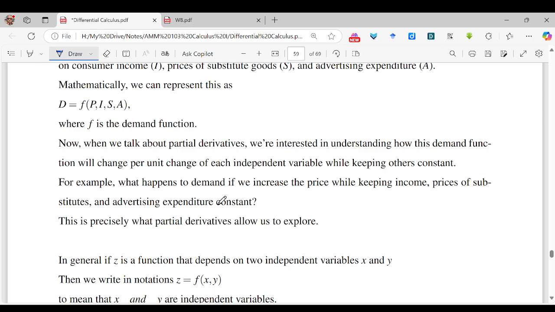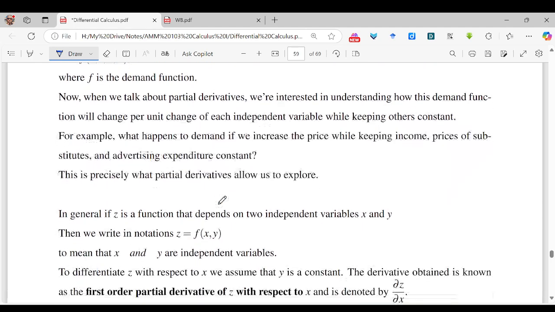Suppose we change only the price of this commodity while all the other variables are kept constant. What will happen to the demand? So this is the concept of partial derivatives, and this is what we want to explore in this section.